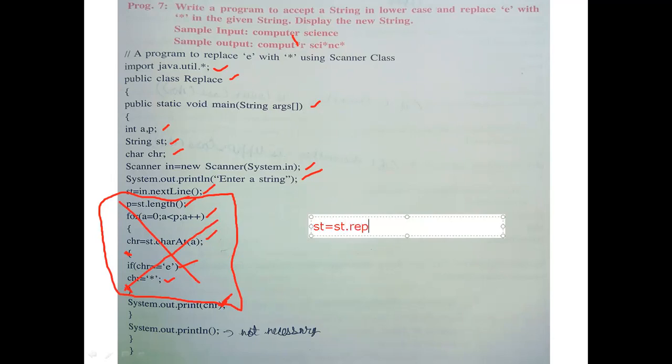Very good, very good. St dot replace. What to replace? E with star, right? That's all, the program is now finished. You replace it, then print it at the end, right? So can you write the program now?